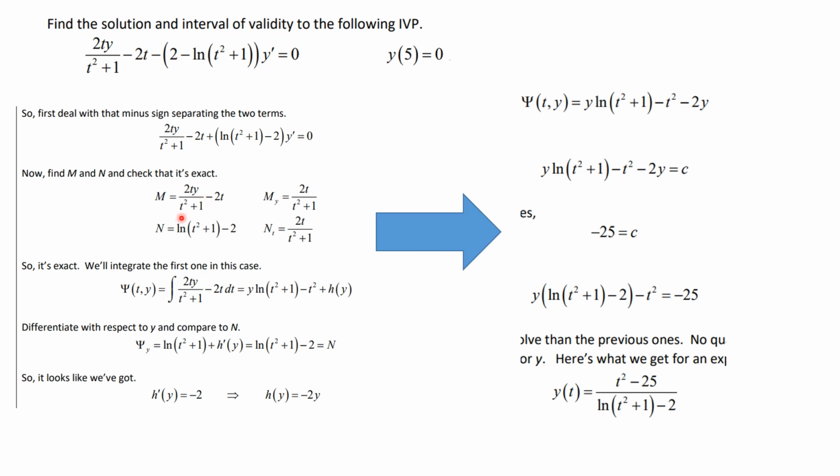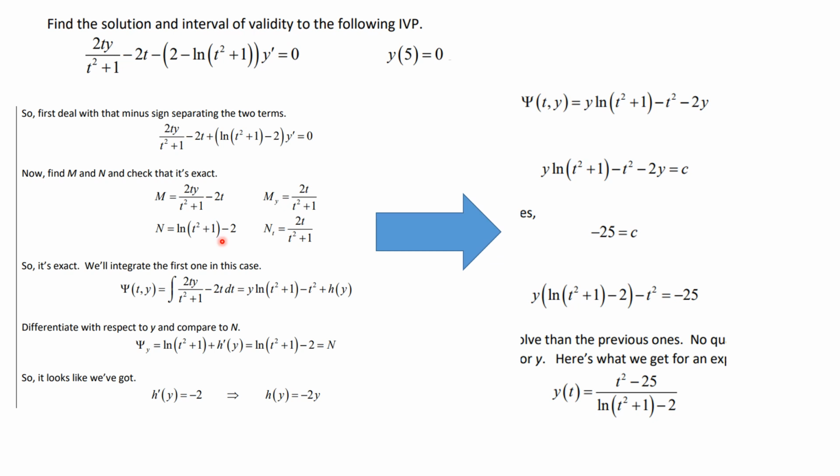So this results in being m dt plus n dy, and that tells us what m has to be and what n has to be. You really want to think through that and make sure that you understand that.